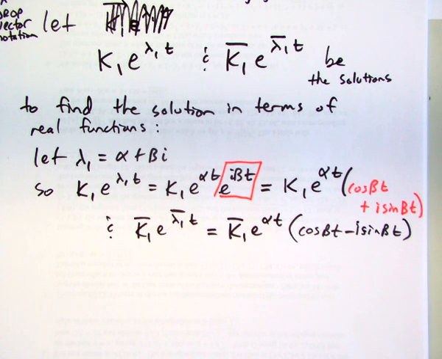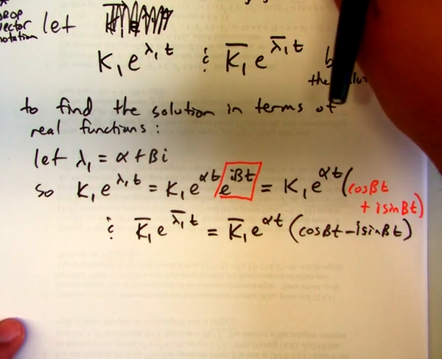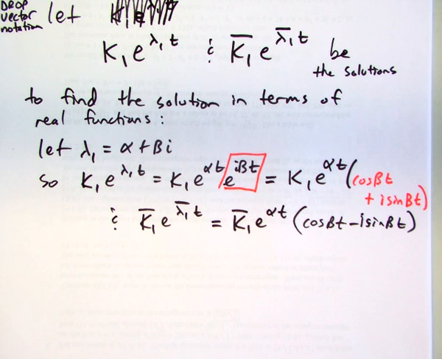Okay, so now what we're going to do is a little bit of algebra here to try to eliminate some of the imaginary terms that we have.